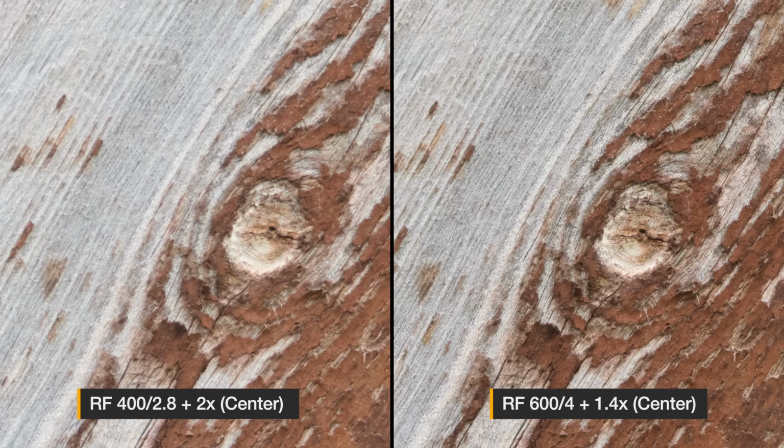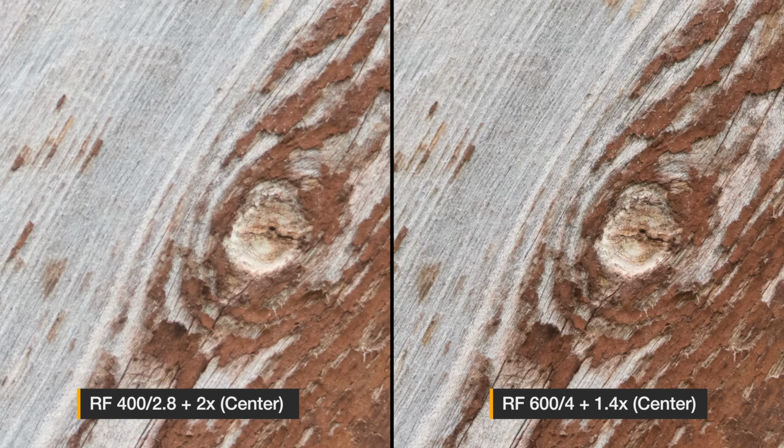If we go one step further and we need more focal length, so we use the 1.4 extender for the 600mm f4, resulting in 840mm f5.6, and we use the 2x extender on the 400, resulting in 800mm f5.6. And we zoom in again, we can see that now the difference is bigger.